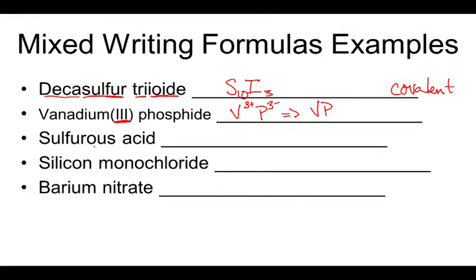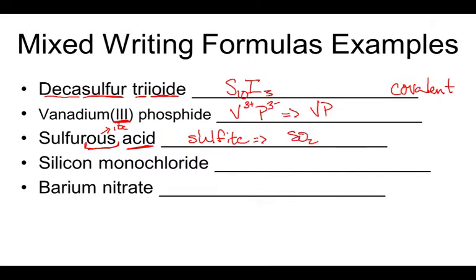Okay, and then sulfurous acid. Alright, so we know we've got an acid, so that means we're going to start with some sort of H. Now we have to decide which kind of acid it is, remember. So here's our ous, remember, so that means this had to come from our ite. Okay, so we just write the stem, and then write the ite. So it's sulfite, right? And so sulfite is SO2.